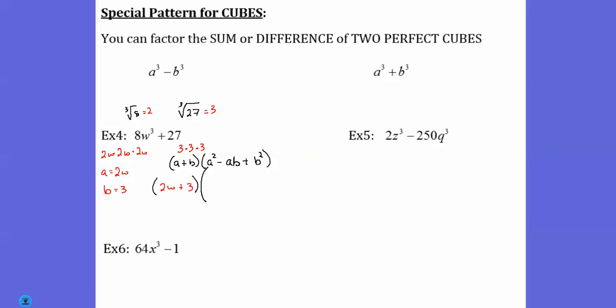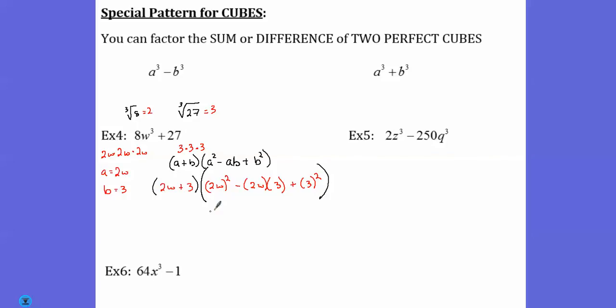So here I'm going to use A squared, which is going to be actually 2w, but that is going to be squared. Subtract, using parentheses to indicate the multiplication, 2w multiplied to 3, and then plus the B, which is 3 squared. Now I'm going to close off with a larger set of black parentheses. Move this down.